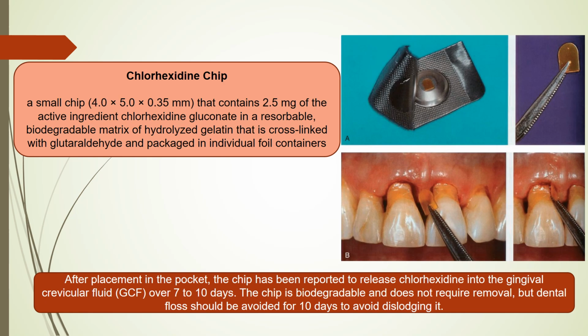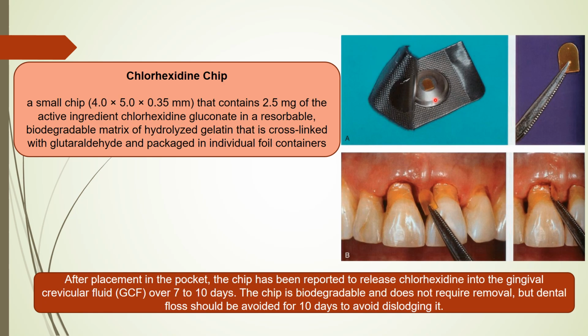Coming to the details of each, the chlorhexidine chip is a small chip, as you can see in the picture, that contains 2.5 milligrams of the active ingredient chlorhexidine gluconate in a resorbable, biodegradable matrix of hydrolyzed gelatin that is cross-linked with glutaraldehyde and packaged in individual foil containers.